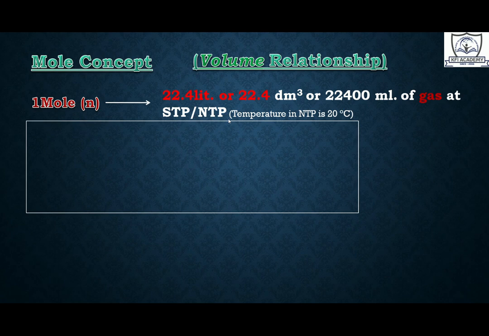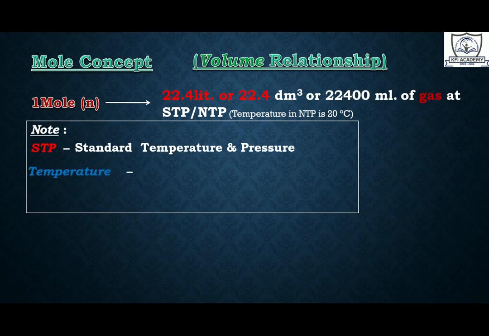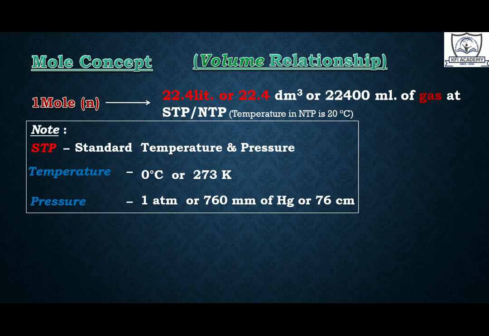STP and NTP are not that different. They differ only in temperature. NTP means 20 degrees Celsius, STP means 0 degrees Celsius. That is the only difference between STP and NTP. There is no change in pressure; pressure is the same for both cases.